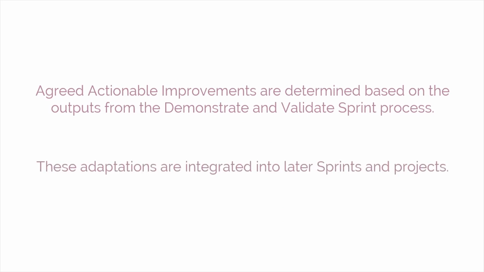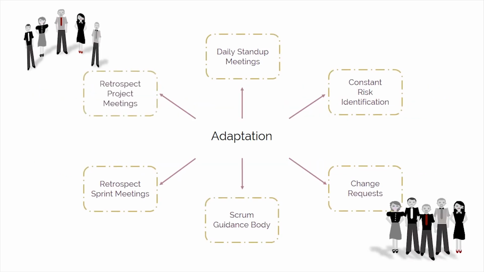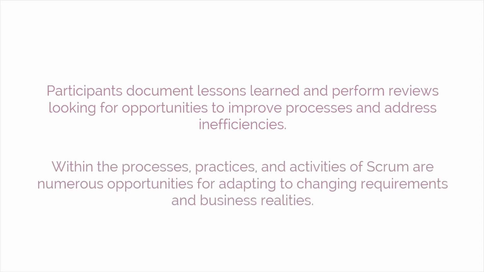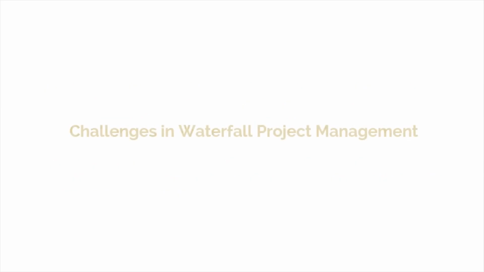These adaptations are integrated into later sprints and projects. And in the Retrospect project meeting, participants document lessons learned and perform reviews looking for opportunities to improve processes and address inefficiencies. Embedded within these processes, practices, and activities of Scrum are numerous opportunities for adapting to changing requirements and business realities. Here's an example of such a challenge faced in waterfall project management style.